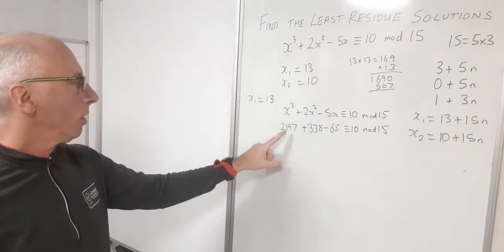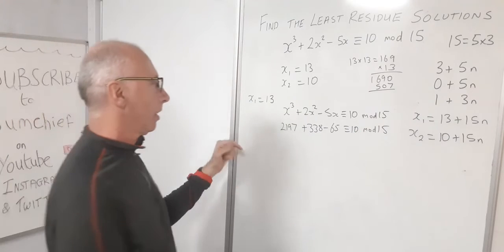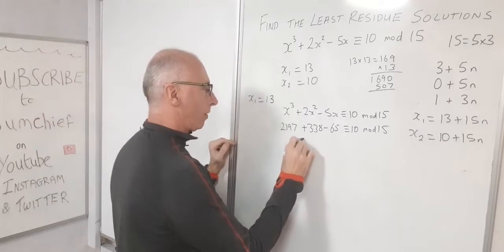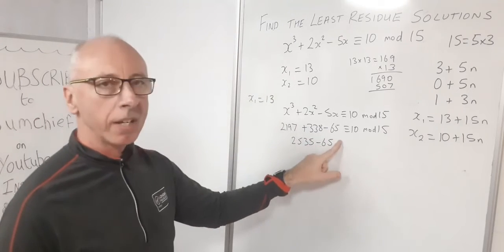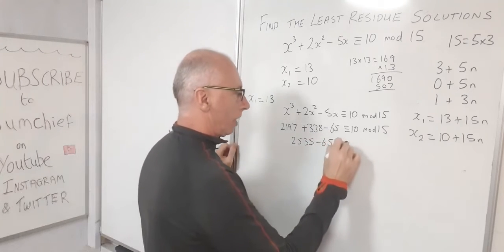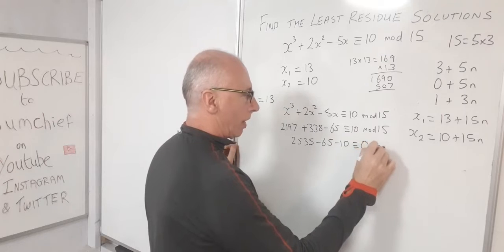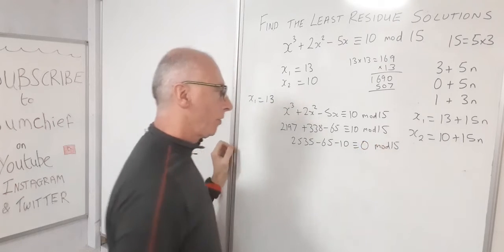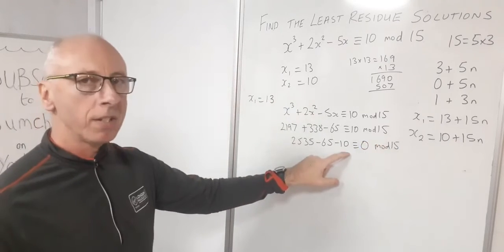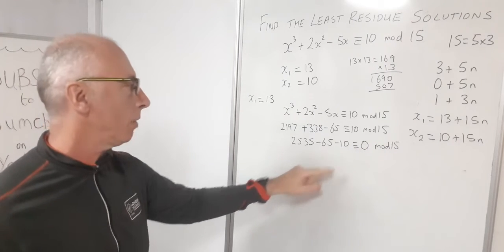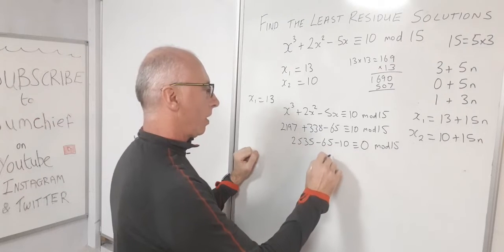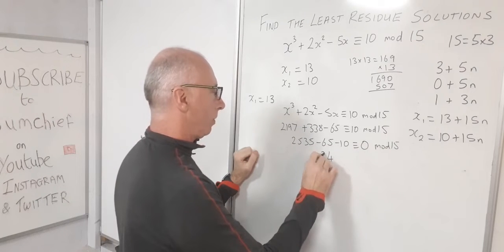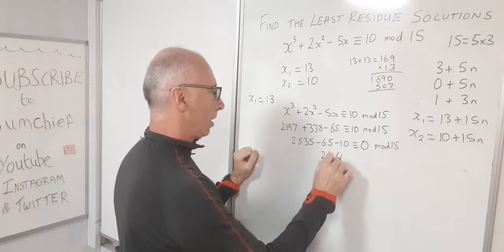Okay, 2197 plus 338, that's 2535 minus 65. And let's bring this 10 on this side and set it to 0. That's the easiest way to test for mod 15. And then let's check and see if it divides by 15, and then we know we've got the right answer. So 2535 minus 75 gives me 2460.